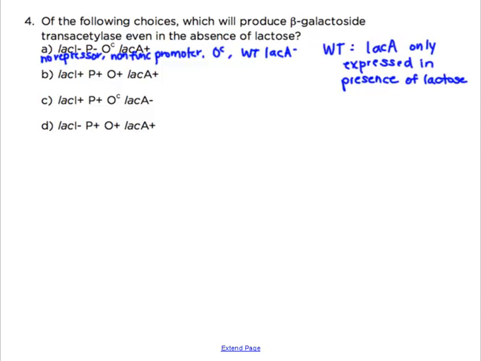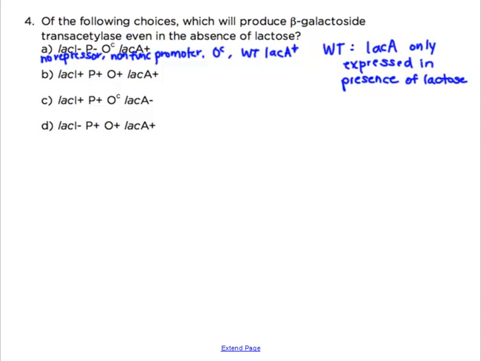So 3 out of the 4 elements here work toward making us think that this is the right answer. So you have a normal LAC-A product, which is what we want because we want it expressed. You don't have any repressor, which is good because that means the operon will always be on, even in the absence of lactose. You have a constitutive operator, which means that even if there was a repressor protein, the operon will still always be on.